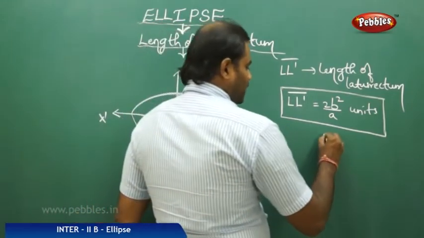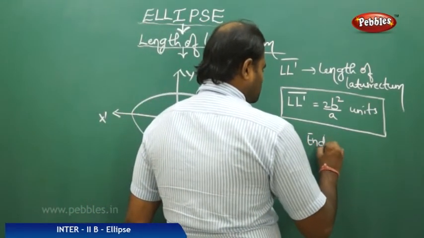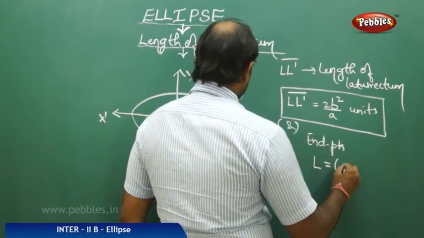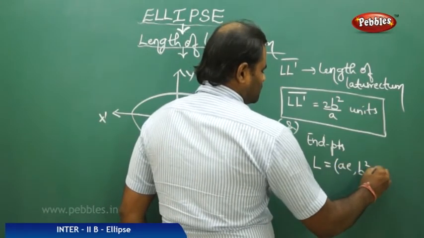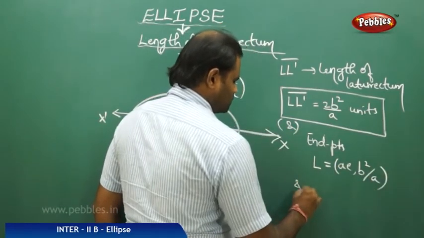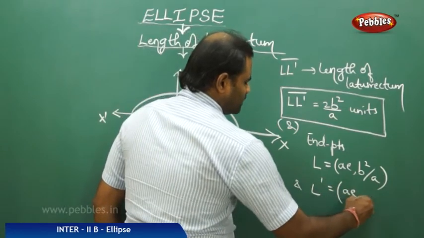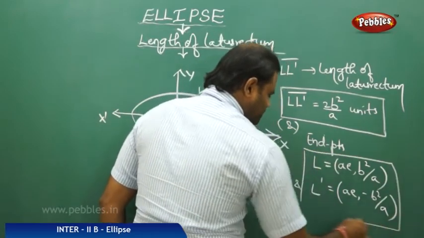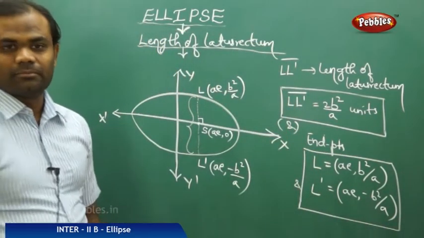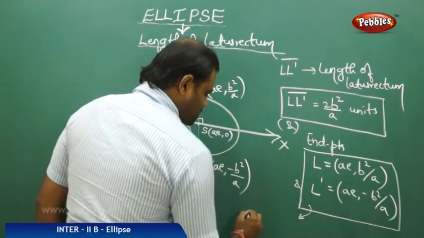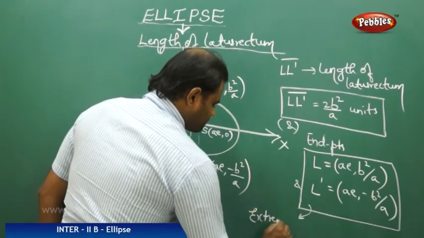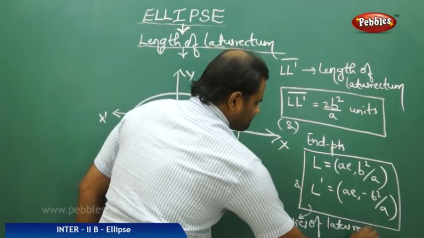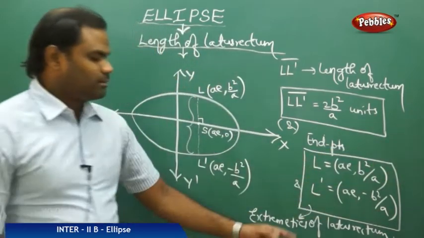And the endpoints: L will be (ae, b square by a) and L dash will be (ae, minus b square by a), which are called the extremities of the latus rectum.